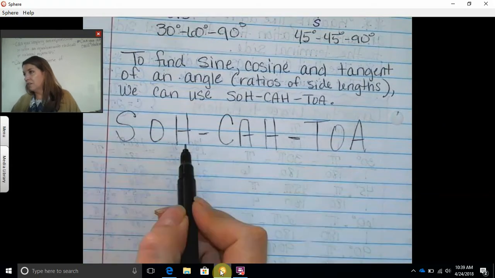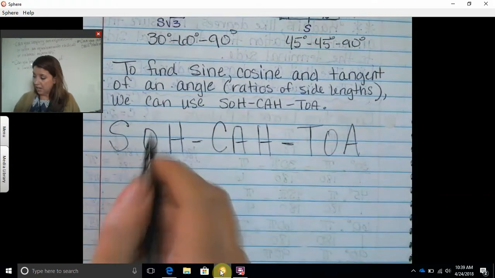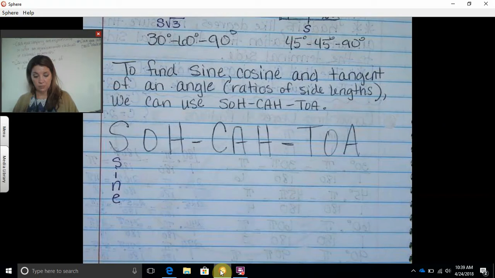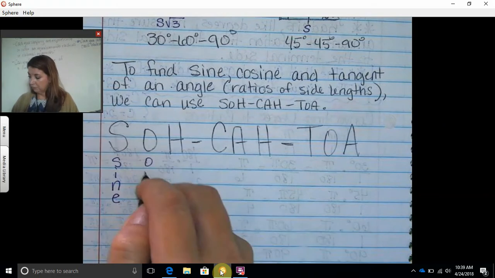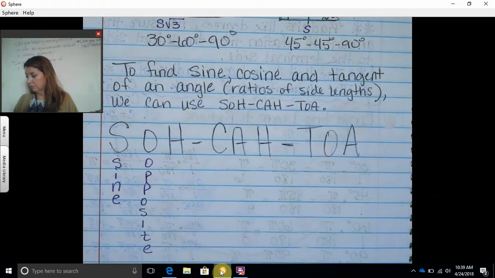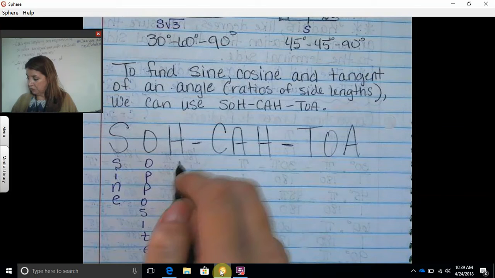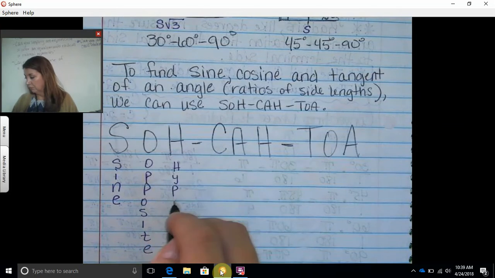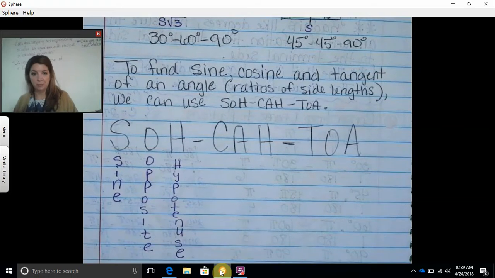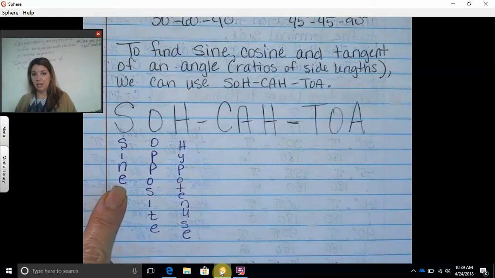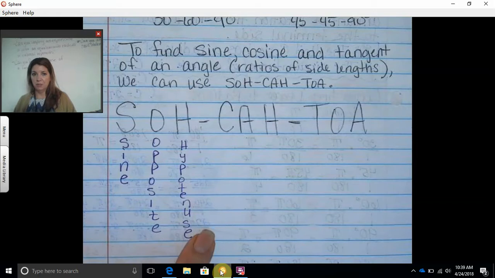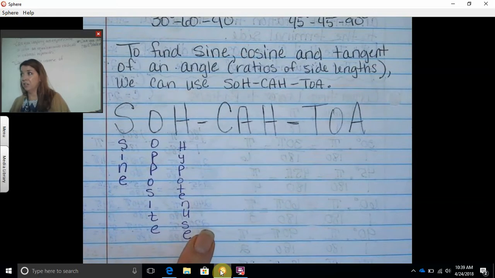Alright, so for SO of SOHCAHTOA, the S is for sine. The O is for opposite. The H is for hypotenuse. So if you want to find the sine of an angle, you make a ratio, opposite over hypotenuse, of whatever angle you're talking about, okay?